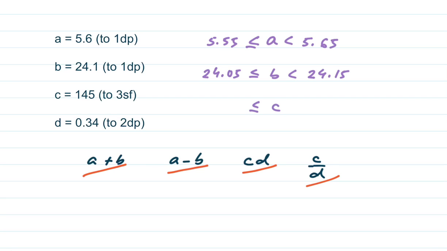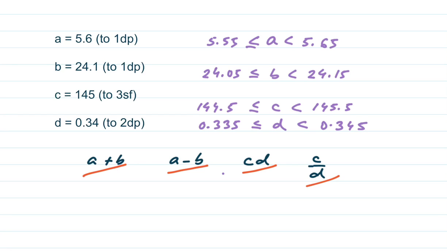For C, it's 144.5 and 145.5, and for D it's 0.335 to 0.345.